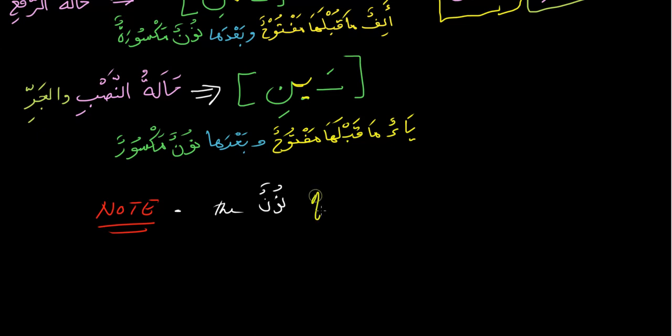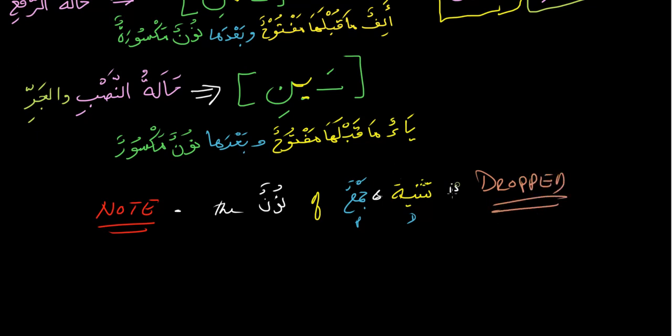The noon of tasniya and jama, the noon of dual and plural at the end of the word, is dropped in case of idafa, which is the mudaf ilayh construction.